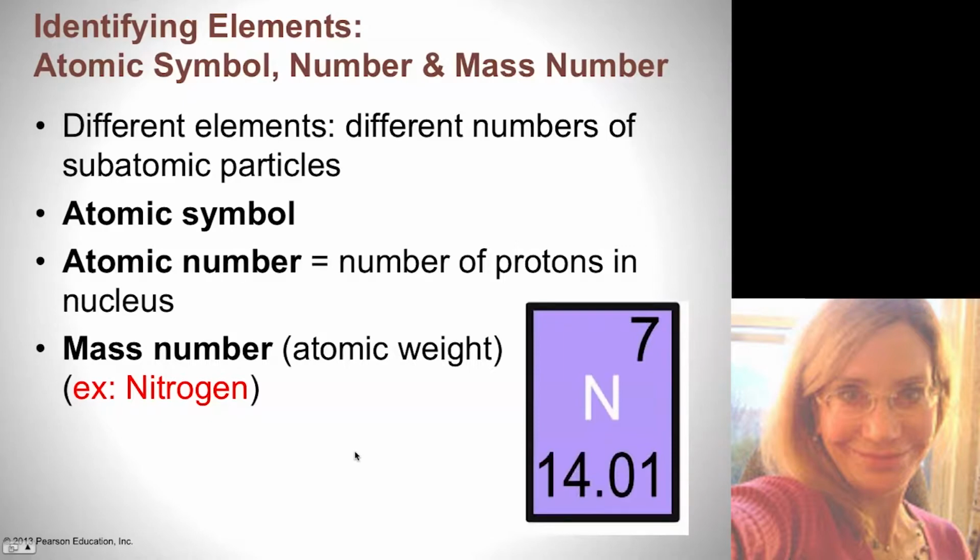They also weigh 1 AMU. So when you see a number that's not a whole number, it's actually an average of all the samples of that particular element that have been obtained. So it's not going to be a whole number. And this is showing, of course, nitrogen, atomic number of 7.